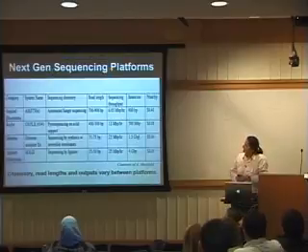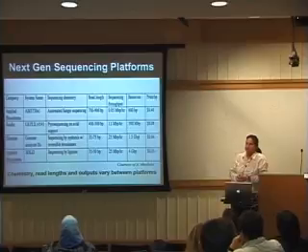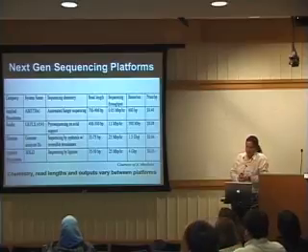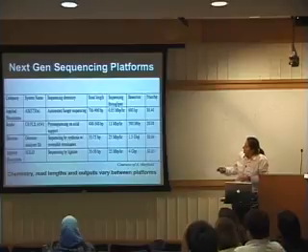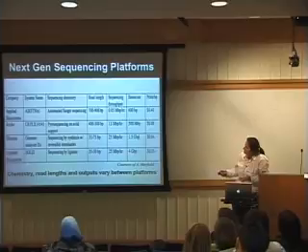And I put this in here. I got it from Anderson Mayfield, who's also here at the course. Just to have this as a reference, note that the chemistry is different between these different types of sequencing. The read lengths are also very different, and the outputs that you get vary between platforms.